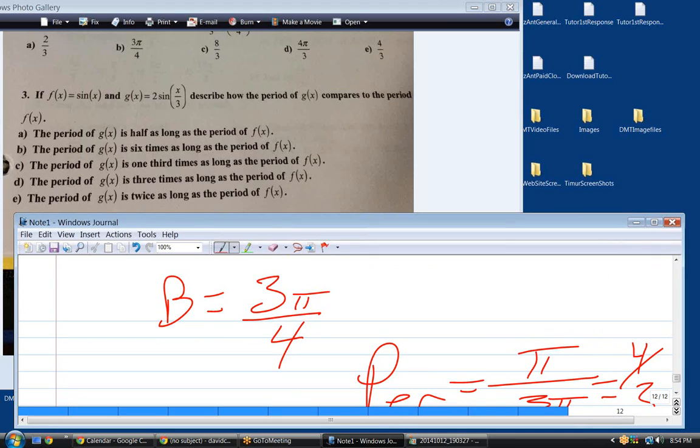What's the period of g of x compared to the period of f of x? Is it bigger or smaller? G of x will be bigger. Okay, by a factor of?